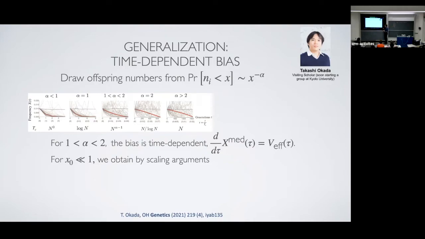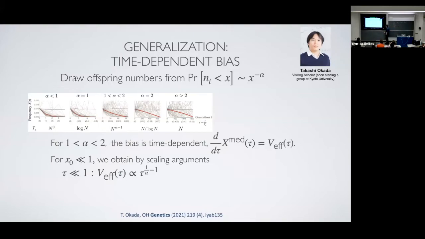except that now this bias, the sampling bias, actually is time dependent. For example, on short times, the sampling bias that is pulling on the median of the frequency scales in this way, depends in this way on time.